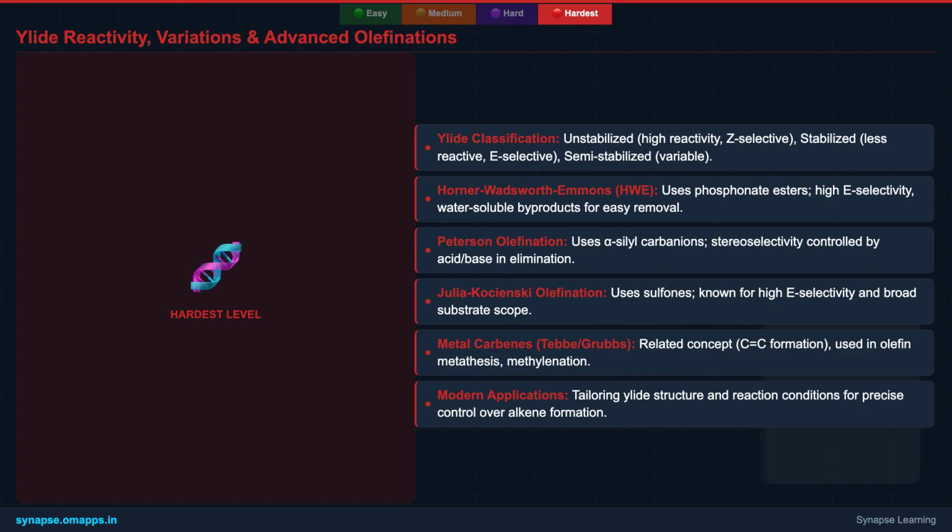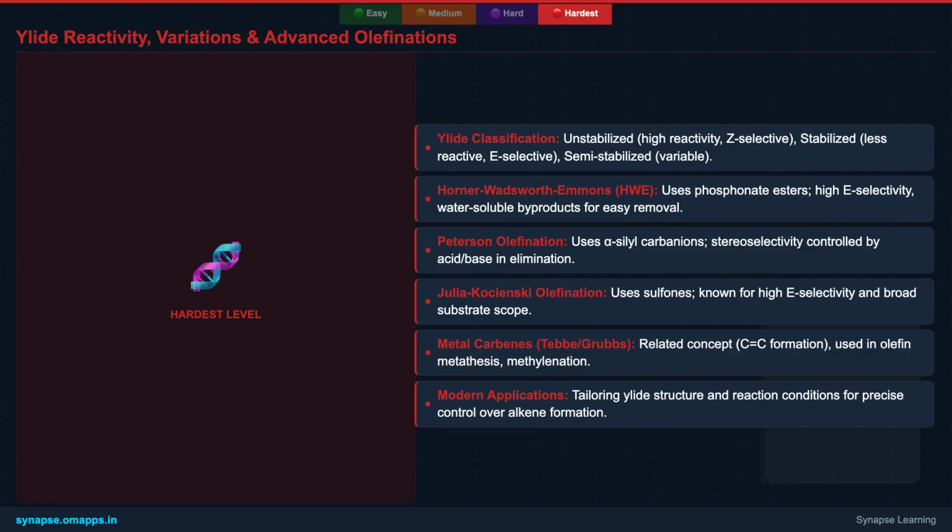Unstabilized ylides are highly reactive nucleophiles, leading to kinetic Z selectivity. Stabilized ylides, with electron-withdrawing groups, are less reactive and yield thermodynamic E selectivity. Semi-stabilized ylides, with aryl or vinyl groups, show intermediate behavior.